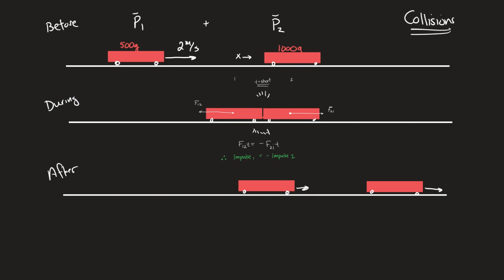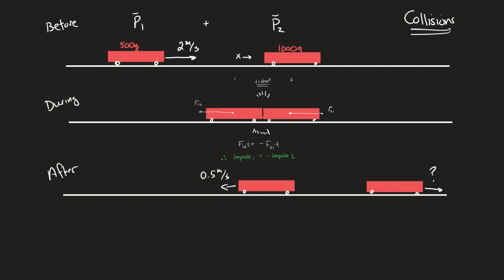After the collision, car 1 travels this way at 0.5 meter per second. Okay? How fast is car 2 going? This is a very straightforward conservation of momentum question. Yes, sir? 1.5 meters per second.